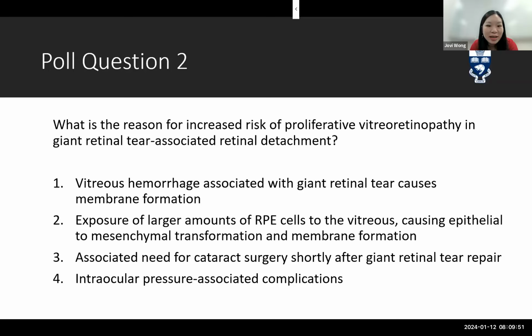Is it vitreous hemorrhage associated with giant retinal tears causing membrane formation, exposure of larger amounts of RPE cells to the vitreous causing epithelial to mesenchymal transformation and membrane formation, the associated need for cataract surgery shortly after giant retinal tear repair, or intraocular pressure associated complications? And for this one, usually the longest answer is the right answer.